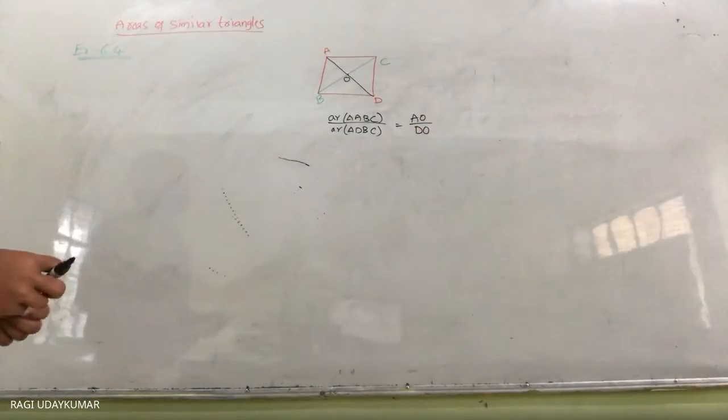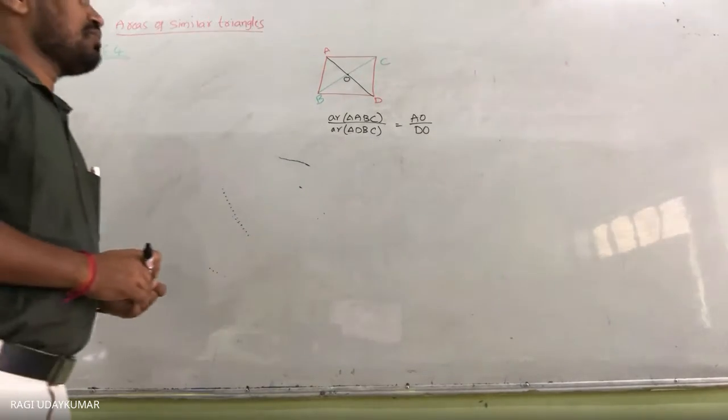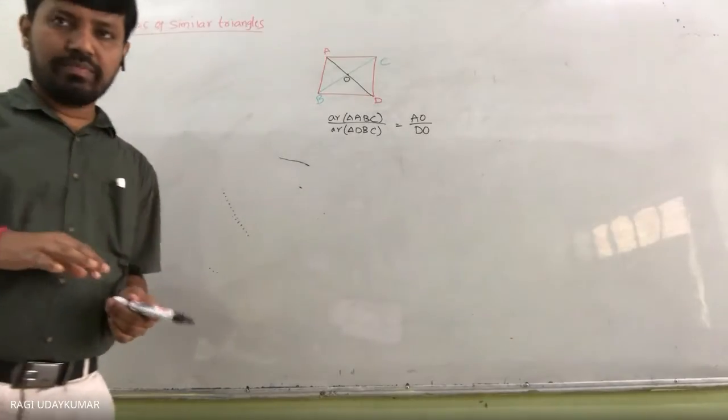So here you take the two triangles into consideration. Whenever you take two triangles, a small construction is needed in this problem.